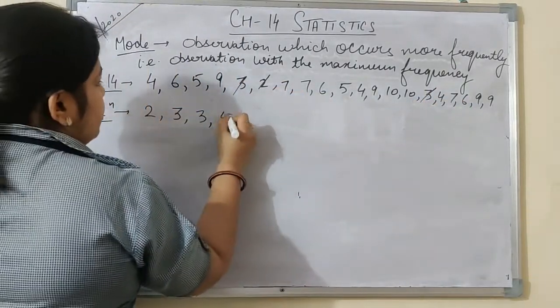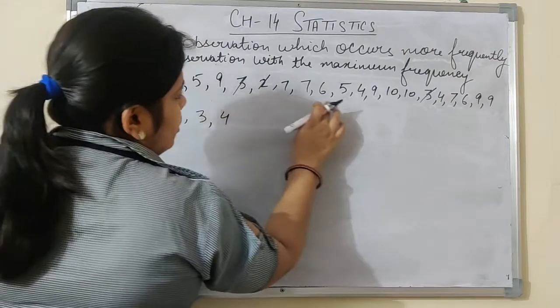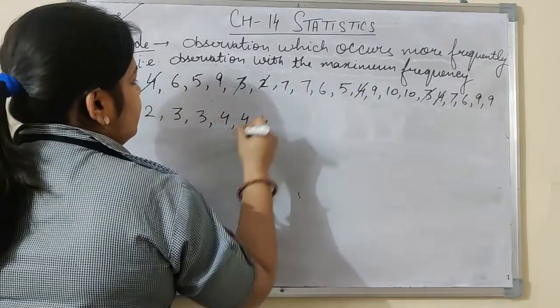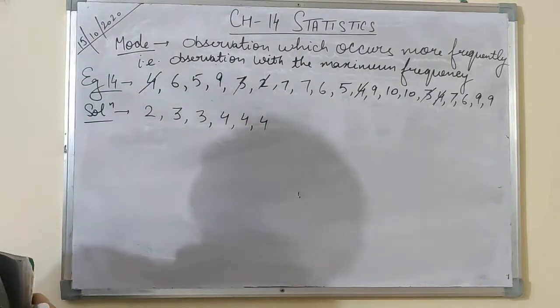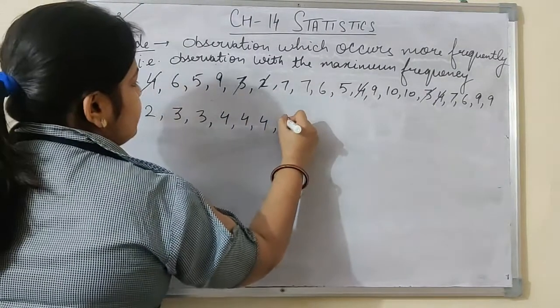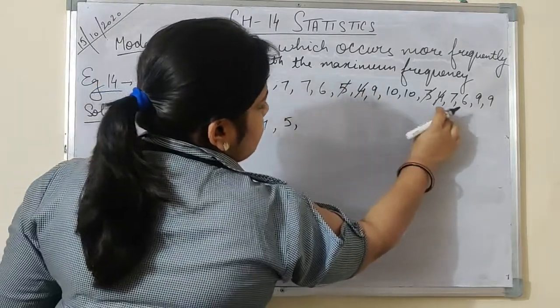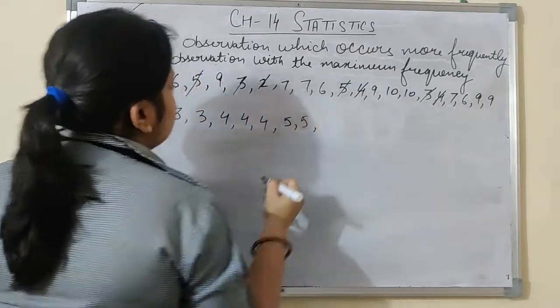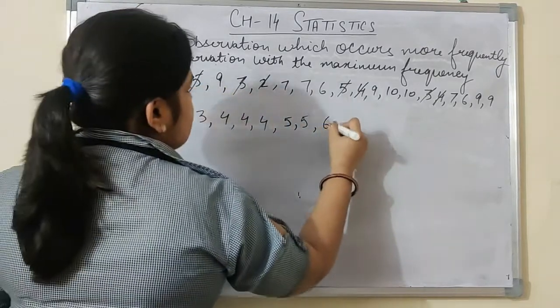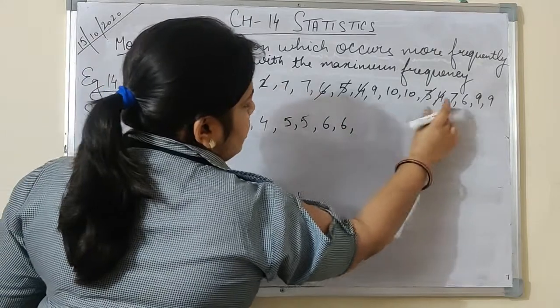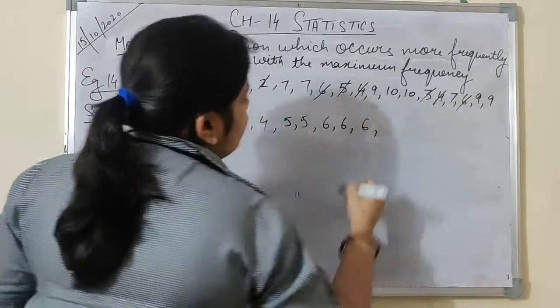Then 4, you can cut it like this. So 3 times we have cut 4. Then next is 5, you can cut like this. 5 is coming 2 times. Then next is 6, here and here it is coming.